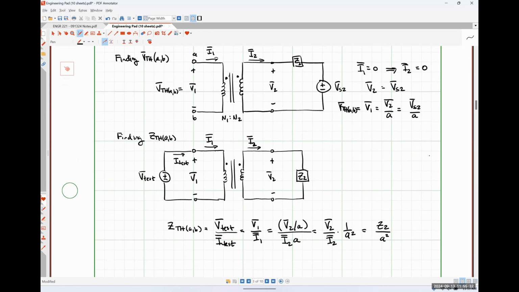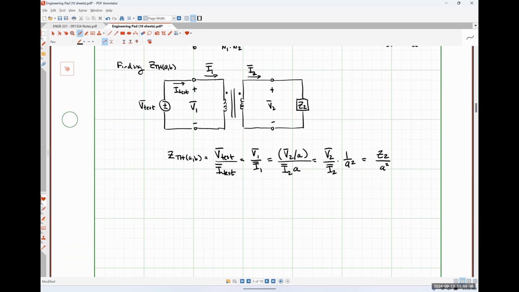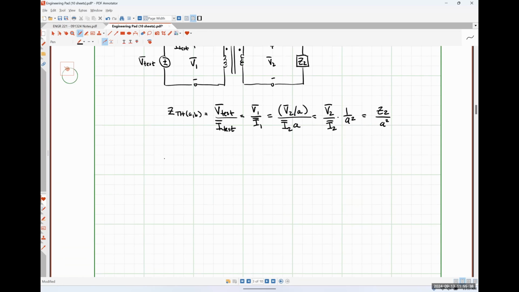So putting these two results together, I would have the following network, right? So here's my original VS1. Here's my impedance Z1.